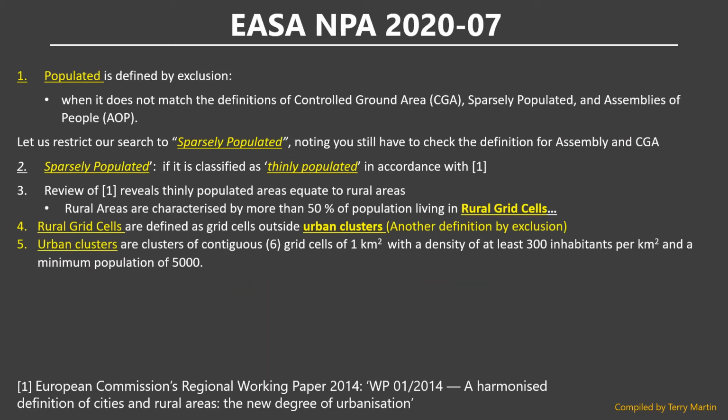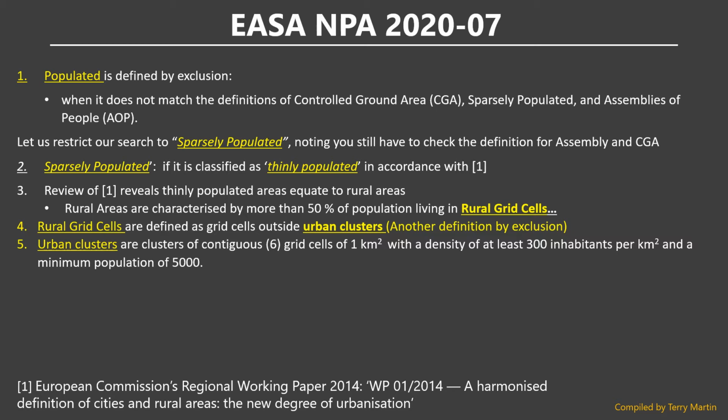So let's dig into the NPA a little more. It basically states that populated is defined by exclusion. If it doesn't match the definition of a controlled ground area or sparsely populated or an assembly of people, then it's populated. Given it's a critical threshold between certification or not, we're interested in what that means.